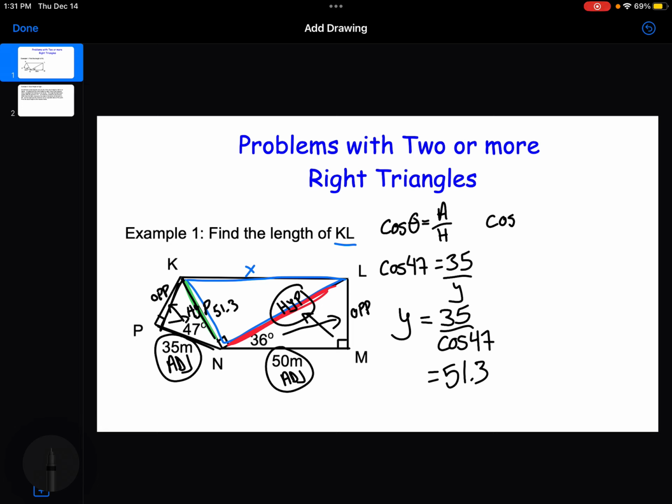Then we're going to have cos 36 equals 50 over, and let's call this Z. Then Z is going to be equal to 50 divided by cos 36, and we're going to get that to be equal to 61.8.